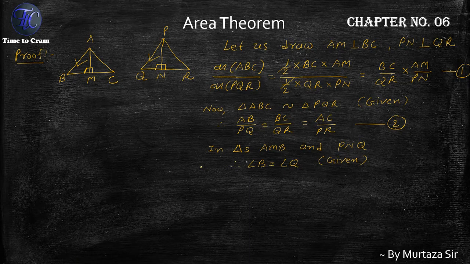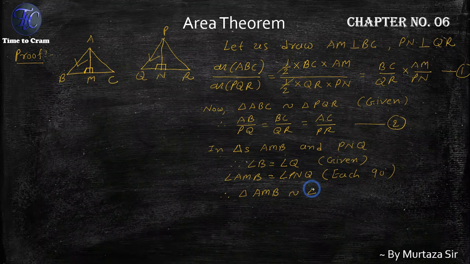Angle AMB equals angle PNQ because both are each 90 degrees. So both triangle AMB and triangle PNQ are similar by AA criteria. Therefore triangle AMB is similar to triangle PNQ, by AA.